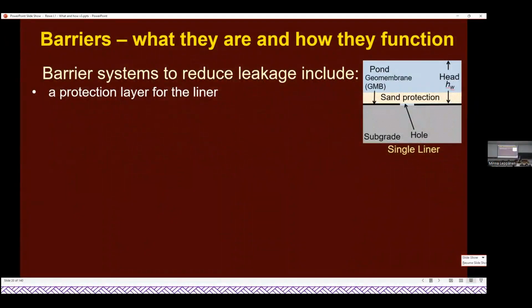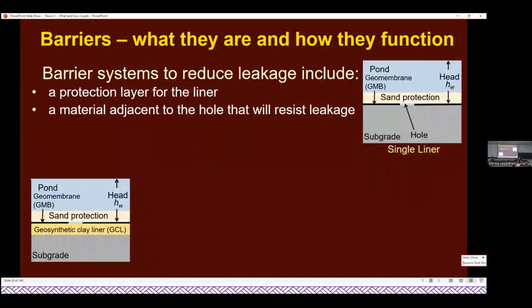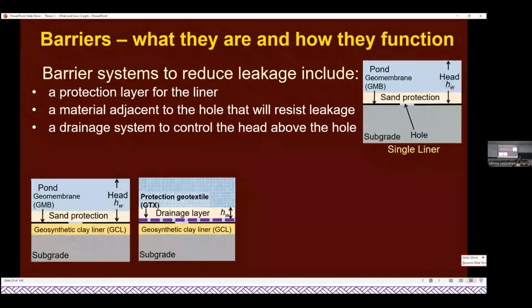We need to recognize that we also may need a protection layer for the liner. We need to take account of what is adjacent to the hole and how that will resist leakage. We may need a drainage system, and that drainage system can control the head above the liner, reducing the driving force.